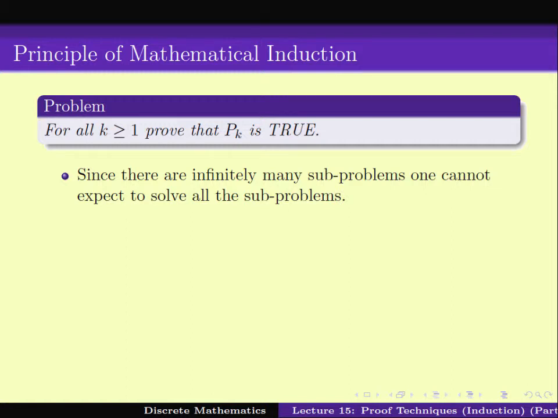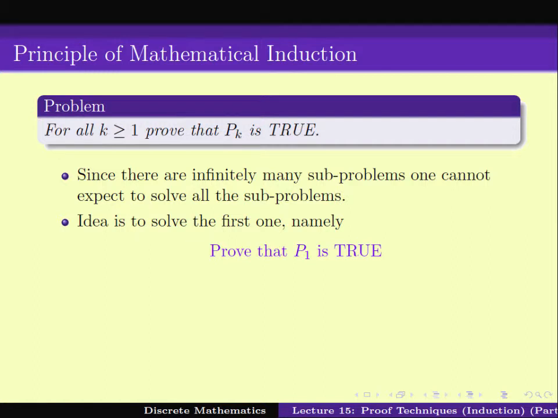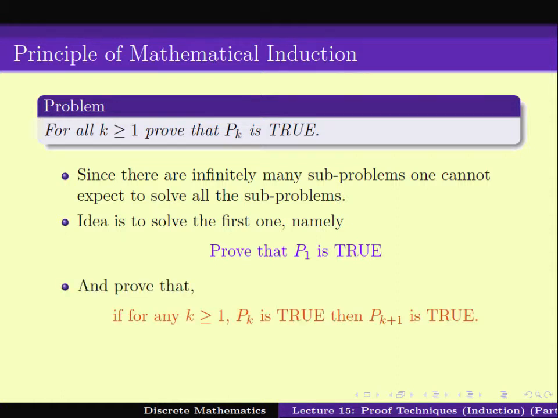So one way of getting around it is to first prove that P1 is true, then prove that for any k, if Pk is true, then Pk plus 1 is true.